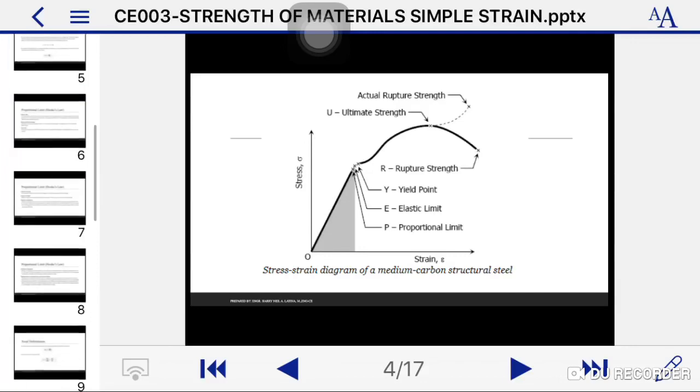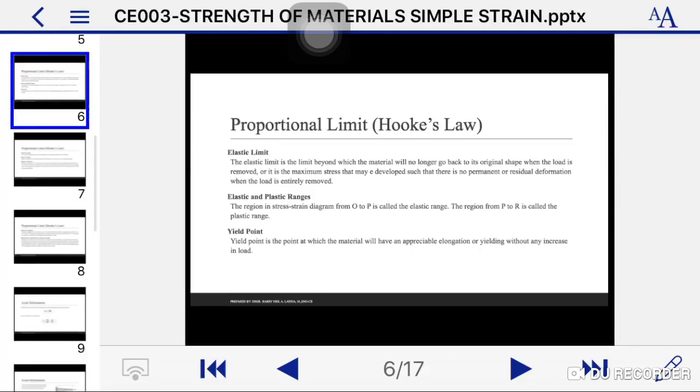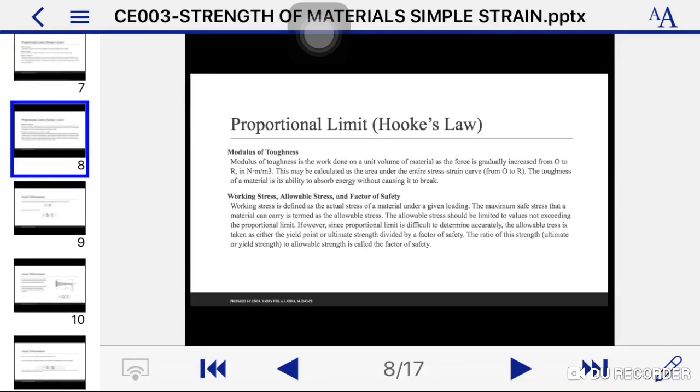Then modulus of toughness is the work done on a unit volume of a material as the force is gradually increased from point O up to point R. So this may be calculated as the area under the entire stress strain curve from O to R. The toughness of a material is its ability to absorb energy without causing it to break.